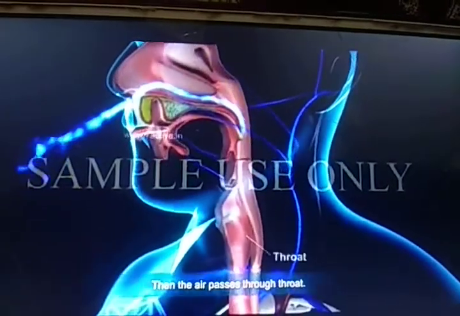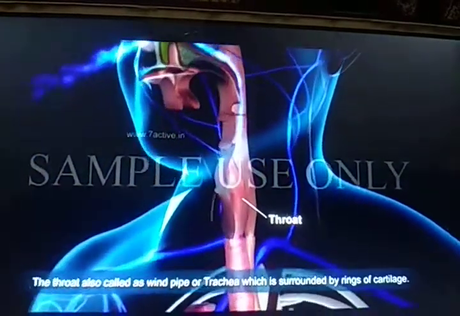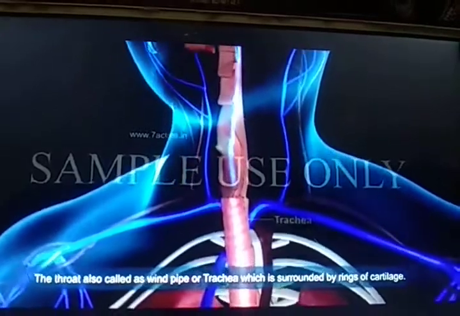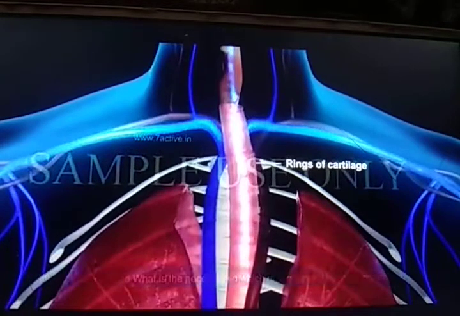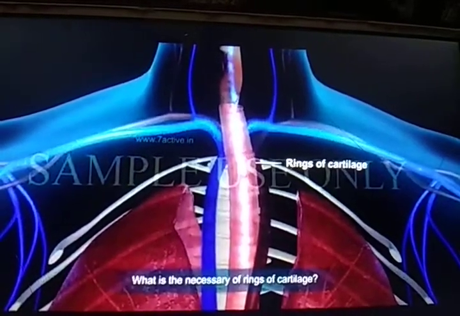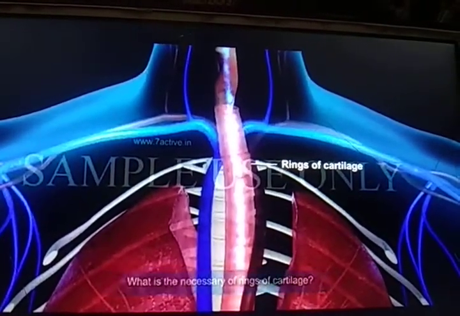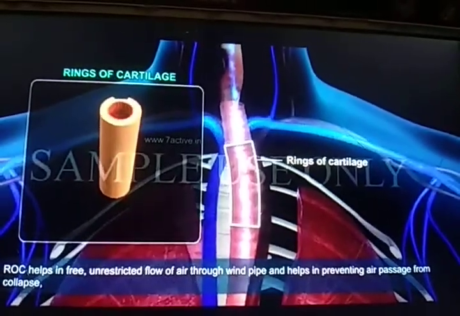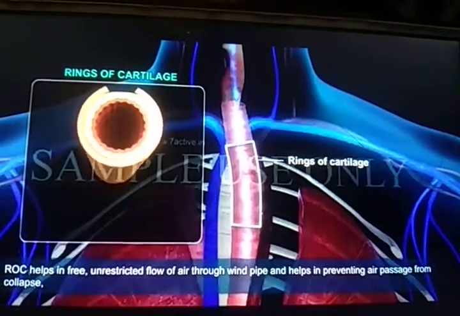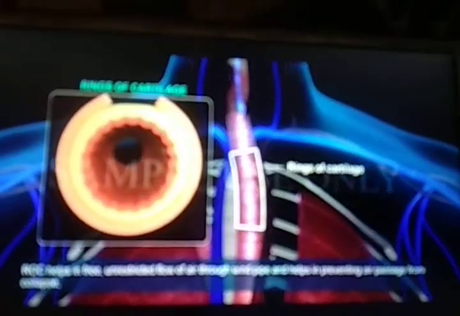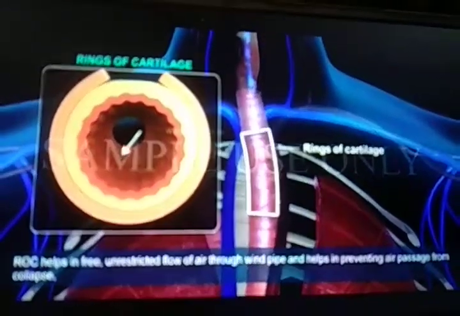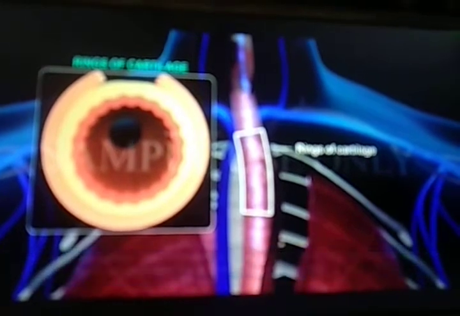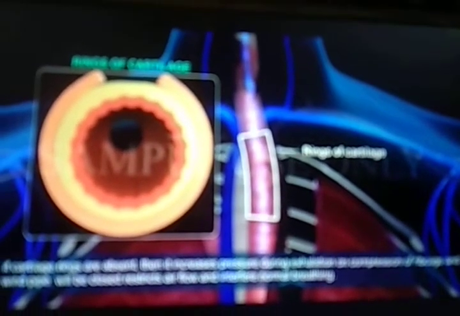Then the air passes through the throat, which is also called the windpipe or trachea, which is surrounded by rings of cartilage. And what is the necessity of rings of cartilage? See, the rings help in free unrestricted flow of air through the windpipe and help in preventing the air passage from collapsing.